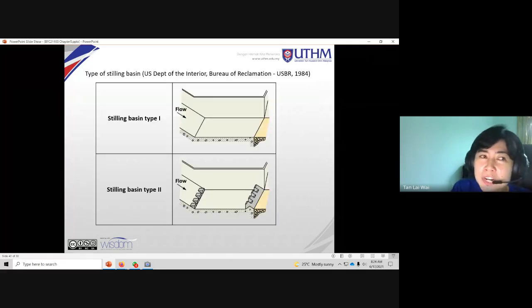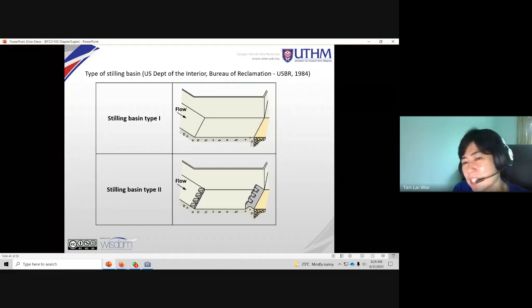Now let's take a look at the set of USBR stilling basins. It ranges from type 1 up to, I believe, type 9 or 10. The different types cater for different Froude numbers, velocities, and the design of the reservoir itself.